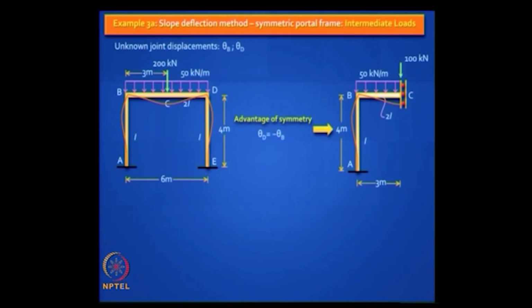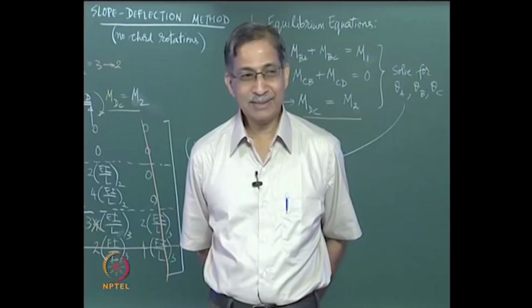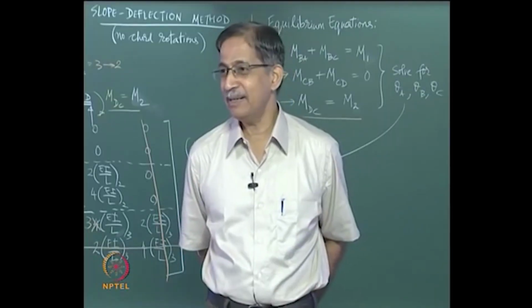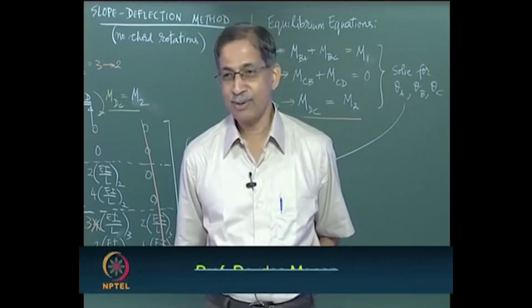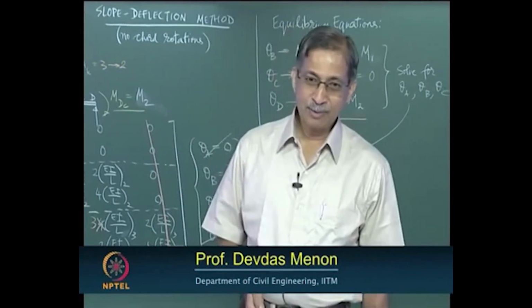How long will it take you to solve this? By the way, before we solve this, tell me, the moment at A, is it related to the moment at B in the column AB? Yeah, it will be just half, so even that you know in advance. Okay, it will be half because there is no lateral load on AB, so it is a carryover. So a single unknown.